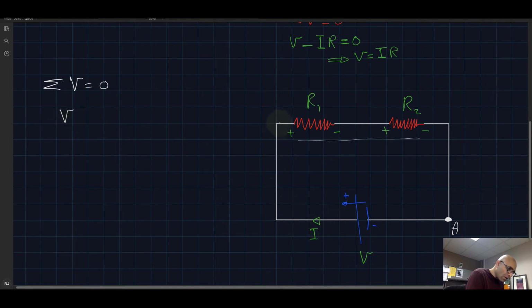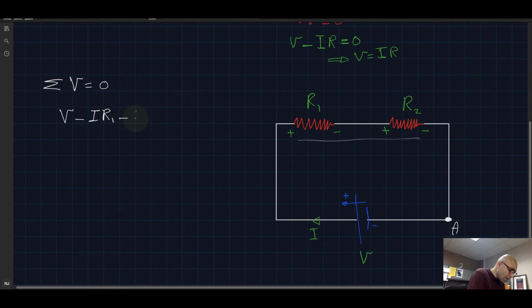Keep going. I'm going from positive to negative, so I'm losing voltage. So this will be minus IR1, according to Ohm's law. Keep going here, from positive to negative, another minus.